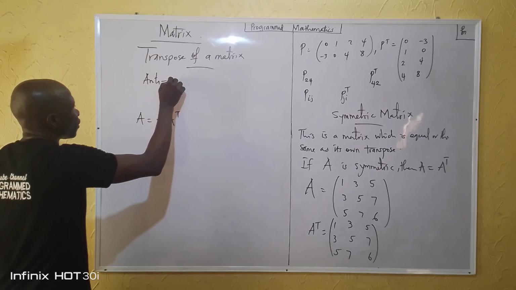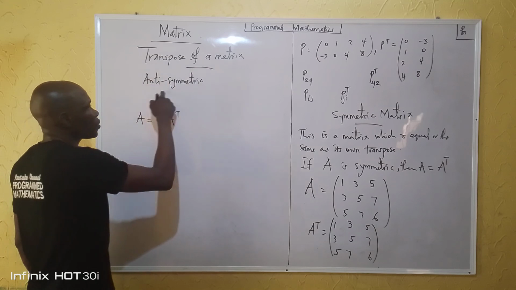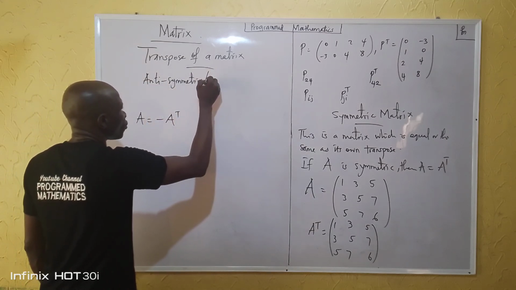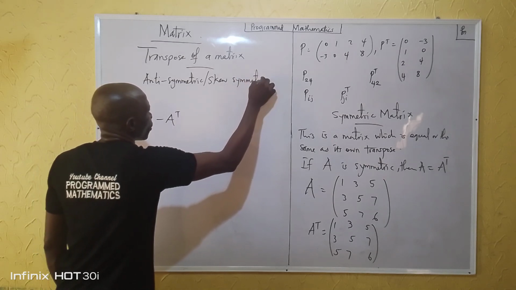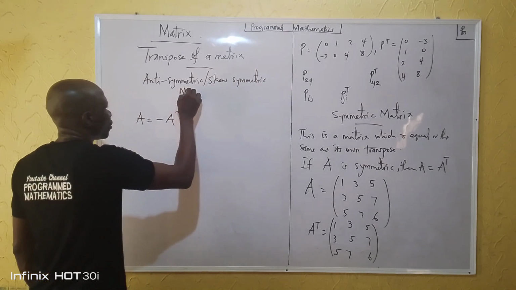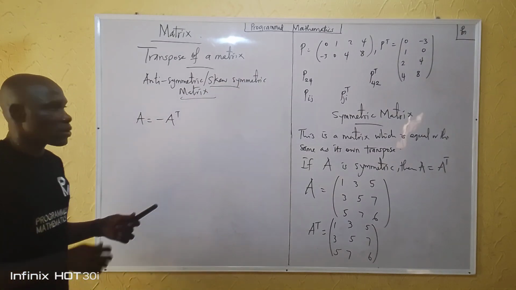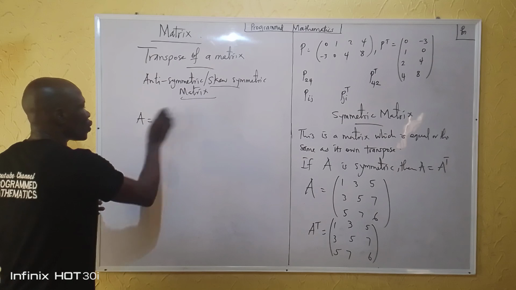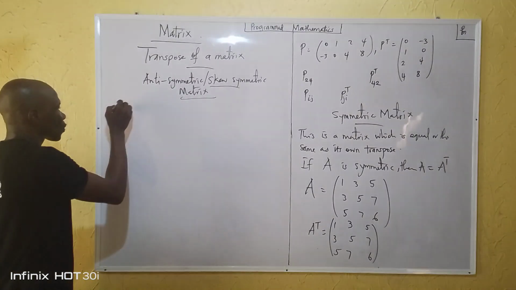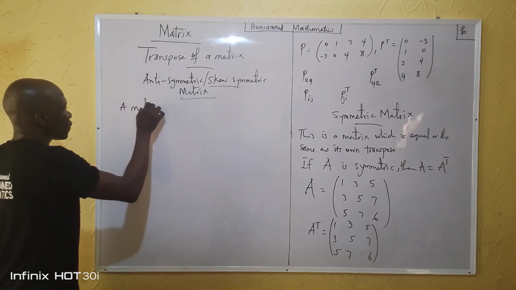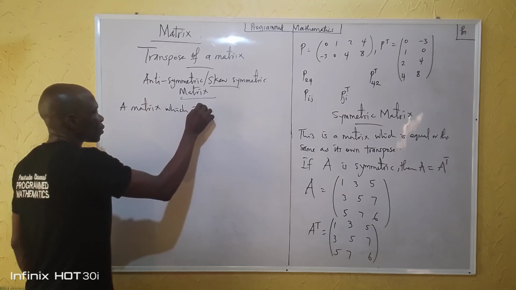The North American English will say anti-symmetric. So anti-symmetric, or you call it the skew symmetric matrix. When you say anti-symmetric matrix, it's a type of matrix which is equal to the negative of its own transpose.